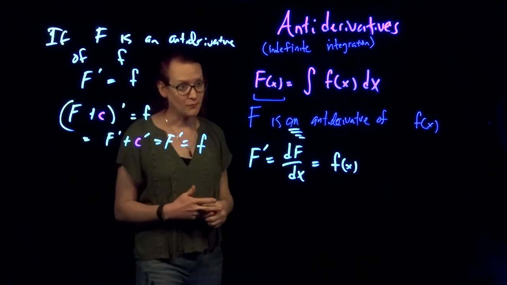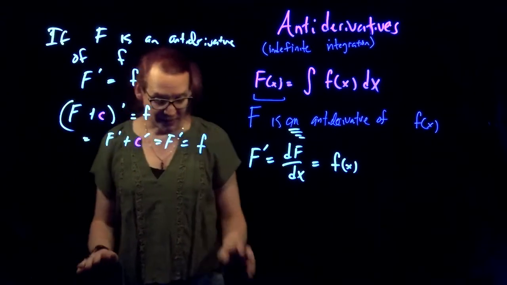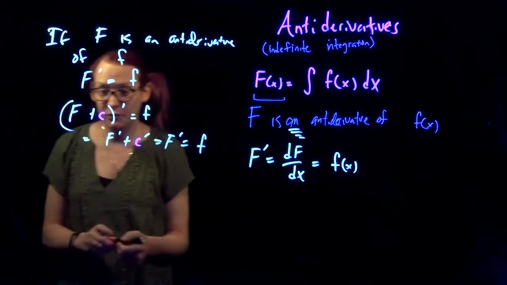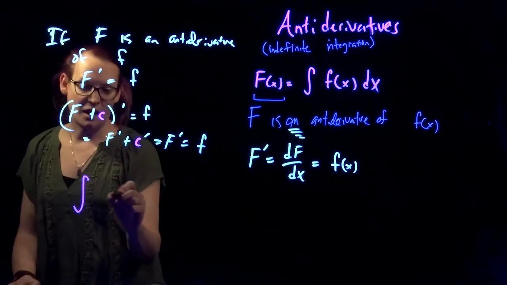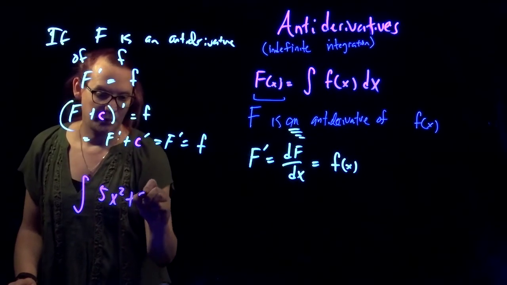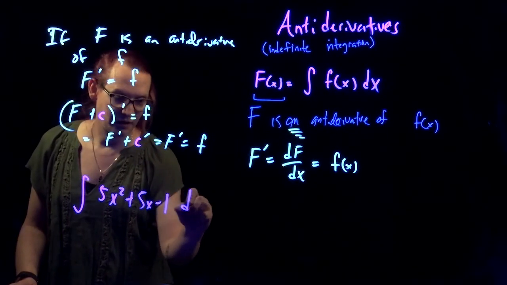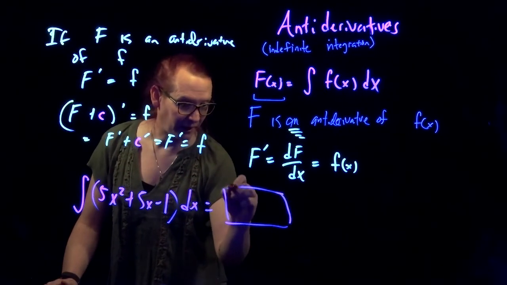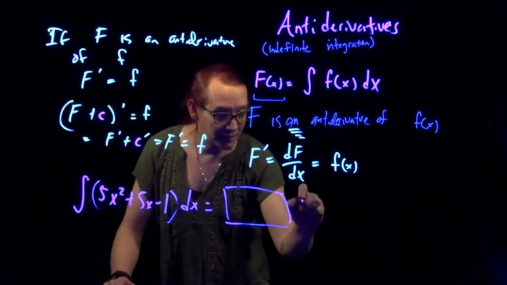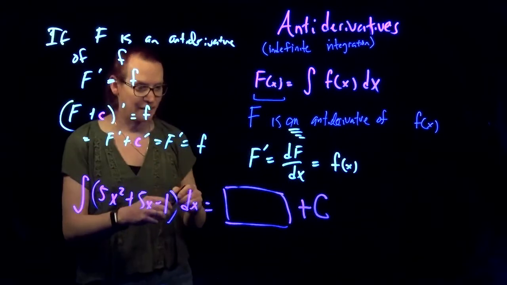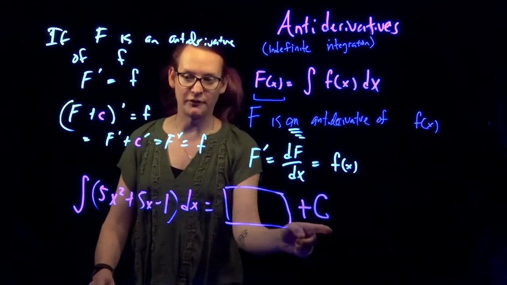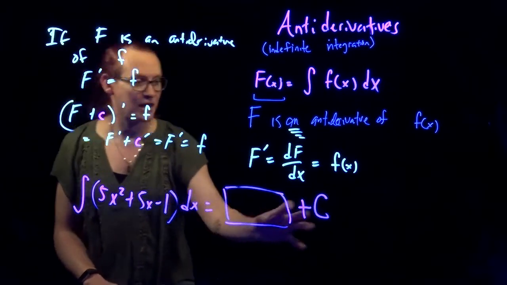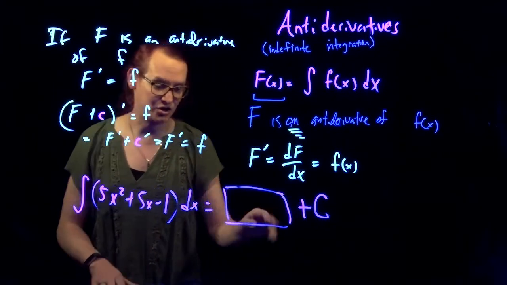So when I integrate, this is kind of the point of this in some sense. When I do something like the integral of 5x squared plus 5x minus 1 dx, I'm going to get something right back here, and then I'm always going to write plus c, because that's the constant of integration, the thing that really says I have the general antiderivative.